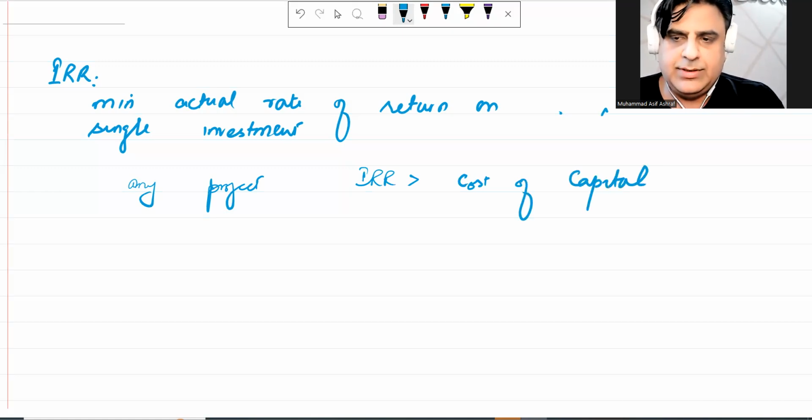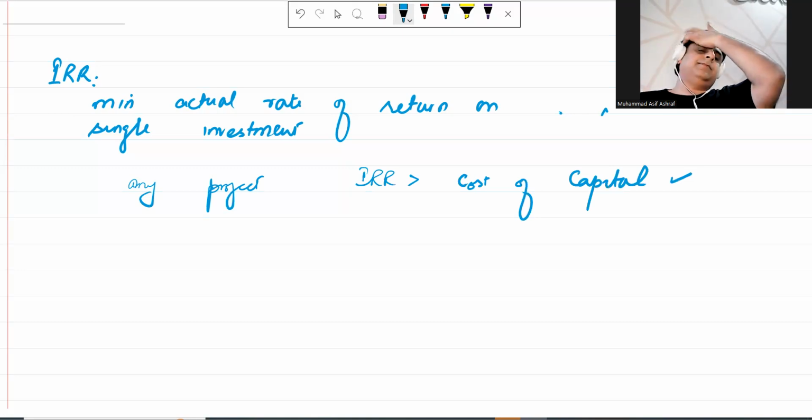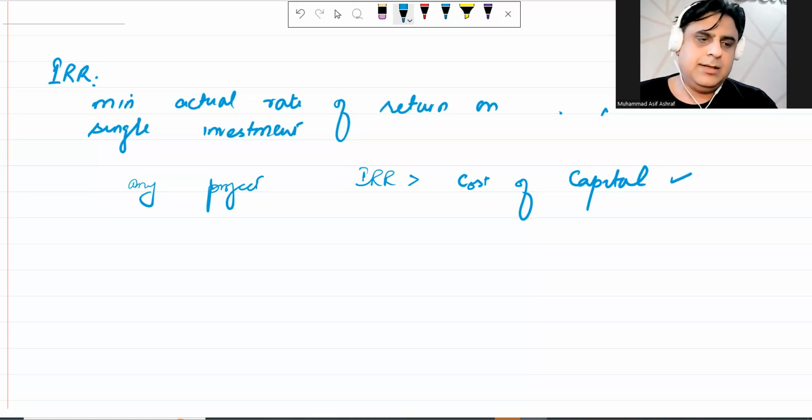You know about it. It is the minimum rate of return. It is not the maximum rate of return. Maybe if IRR is 15%, it is possible the project's return rate is more than 15%.